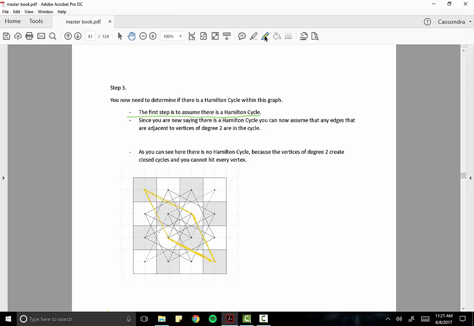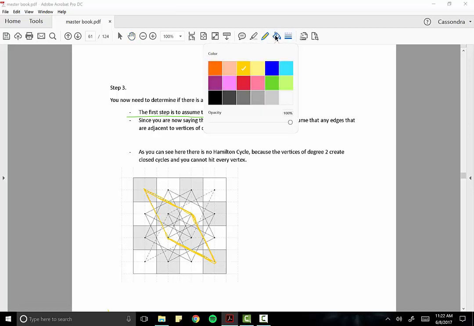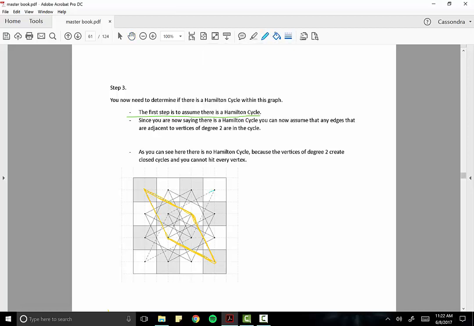Now, what's happening here is that these vertices of degree 2 make their own cycle. So I can't get out from this no matter how much I try. Same with these vertices of degree 2. These edges have to be in that cycle as well. They are forming their own cycle.